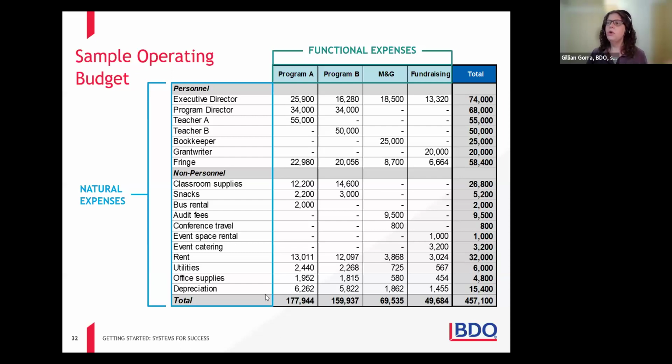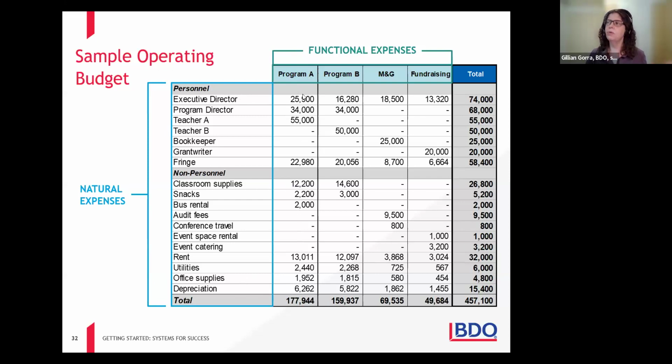Okay, so notice I don't have any funding sources in here. I don't have a state grant as one of my columns, because the state grant that you might get might be supporting program A, but so might some other grants.